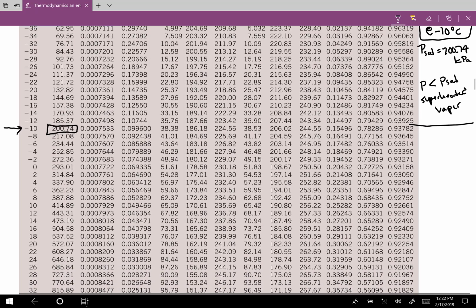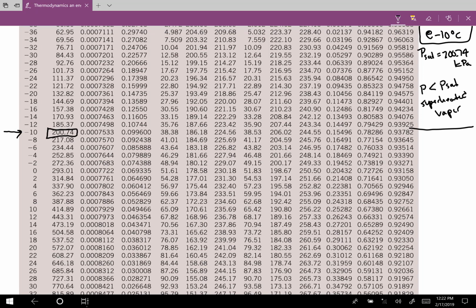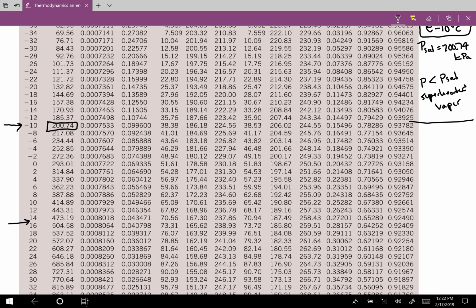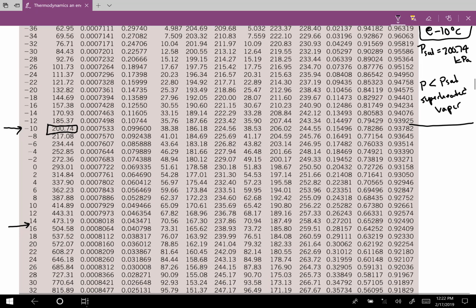The temperature for the second state is 15 degrees Celsius, which is going to fall somewhere between 14 and 16. And that means that our saturation pressure is somewhere between 473 and 504.